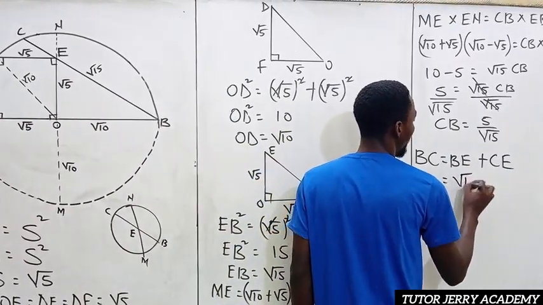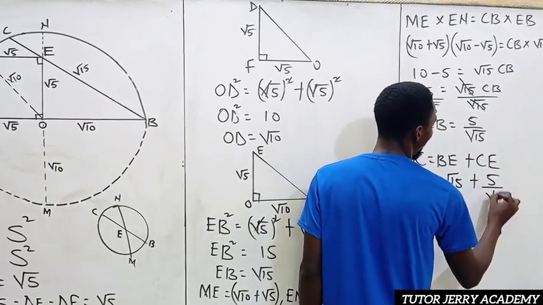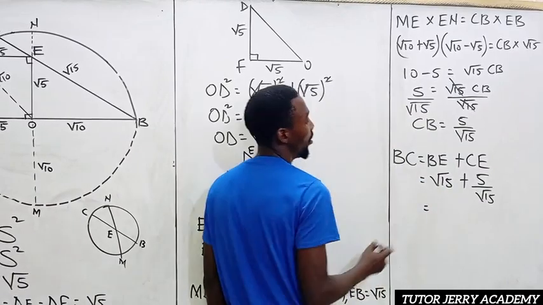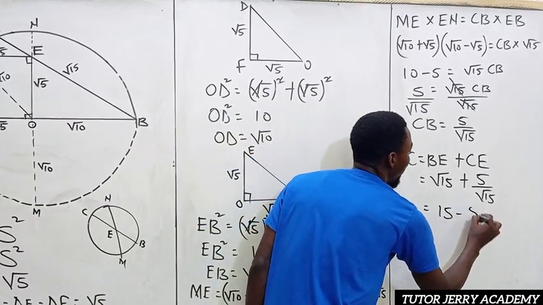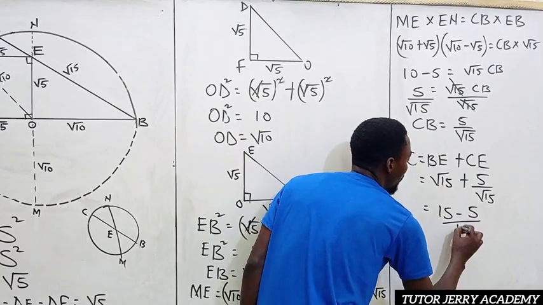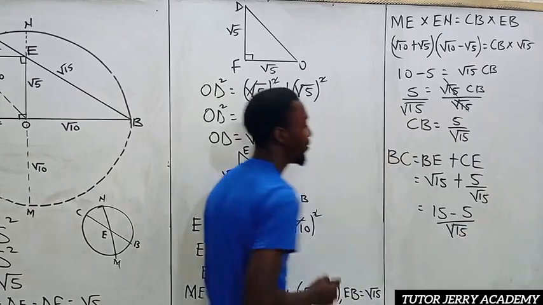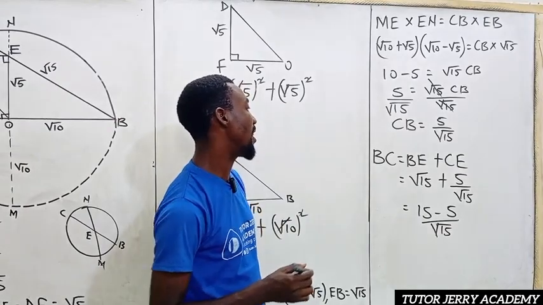So it's going to be root 15 plus 5 all over root 15. This will be equal to root 15 multiplied by root 15, that is 15, minus 5 all over root 15. So 15 minus 5, that is 10.